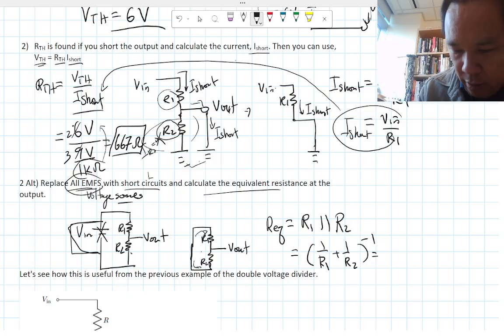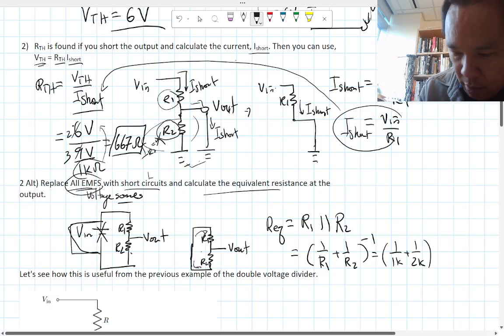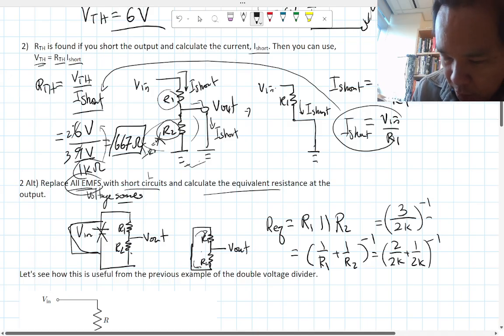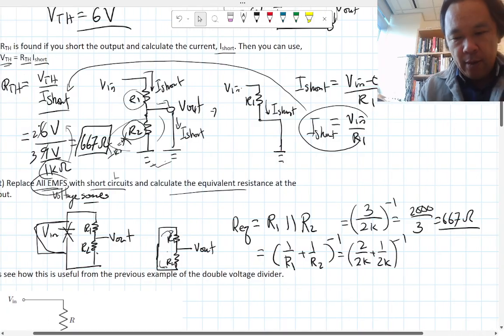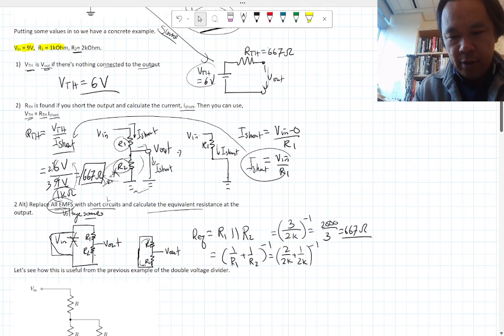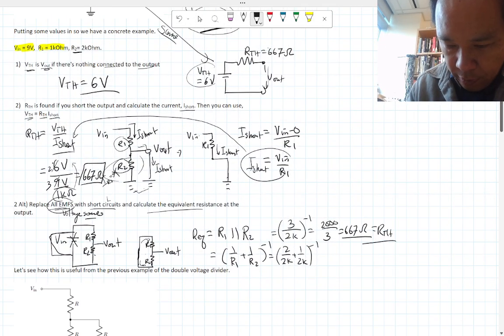If this is 1K and this is 2K, the common denominator is 2K. So if you make this a 2K, then the numerator up here has to be a 2 also. Now you have 3 over 2K, to the negative 1. So it's 2,000 divided by 3, which is 667 ohm. So we get the same answer for R Thevenin, no matter what.